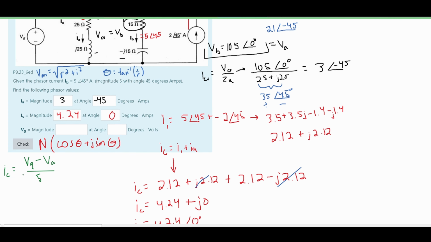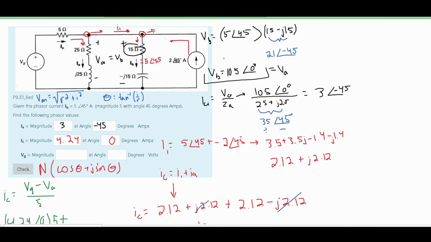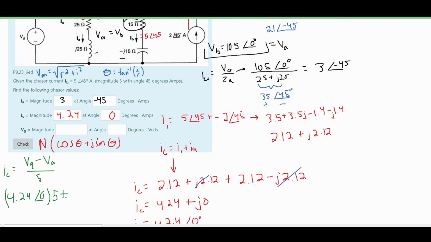From here, we can just plug things in. So we know that our I of C is 4.24 with an angle of 0 degrees. We can multiply our 5 into this so that we don't have a denominator. So we'll have this by 5, and then we can add our V of A. So we will have a plus, and we know that our V of A is this value right here. So we are going to add this in as 105 with an angle of 0 degrees.